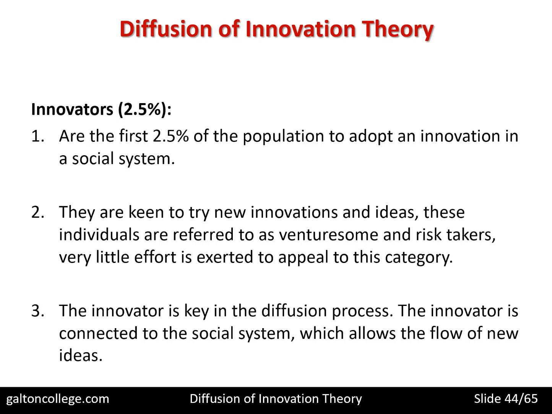And in that way, the idea will spread. It'll diffuse out from these. The innovators, the people who adopt the idea very quickly, are going to show their family and friends. The family and friends will talk to others, and eventually the idea will spread out.